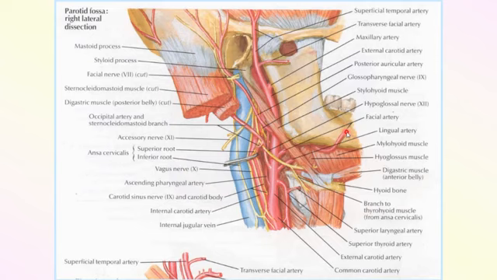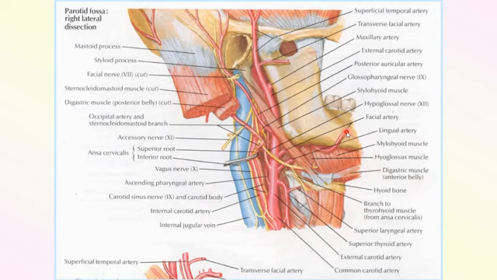So if you clench your jaw and feel for your masseter, the facial artery will be located superficial to it, and you can try to see if you can get the pulse of your facial artery, or you could try to do that on someone else. Just have them clench their teeth, and you can feel for it.